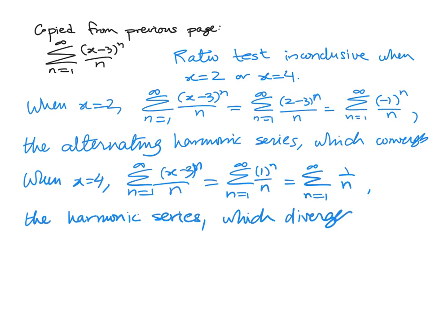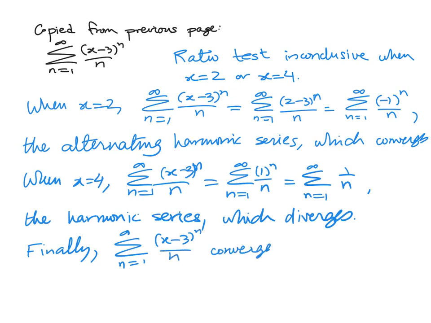So what I've discovered now, if I put it all together, is that the series that I started with, n equals 1 to infinity, x minus 3 to the n over n, is going to converge when 2 is less than or equal to x, which is less than 4.